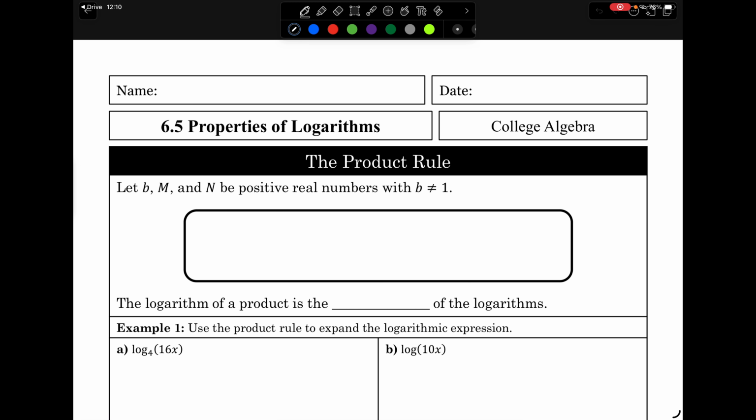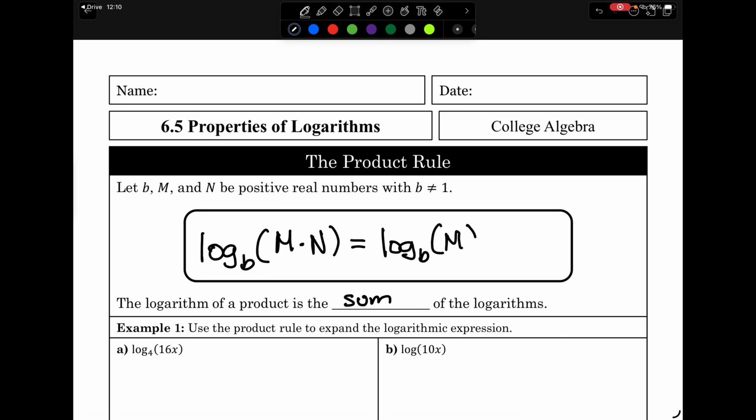The product rule states that the logarithm of a product is the sum of the logs. So if I have a log of base b and I'm multiplying two things as my input, then that could be expanded to the log base b of m plus the log base b of n.